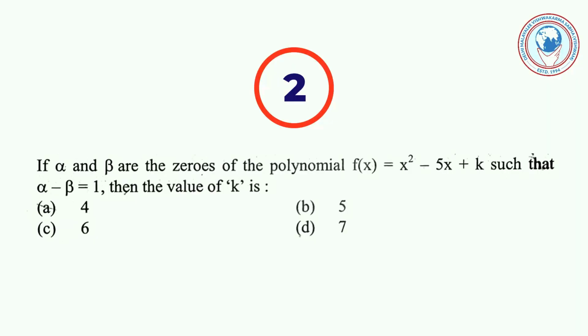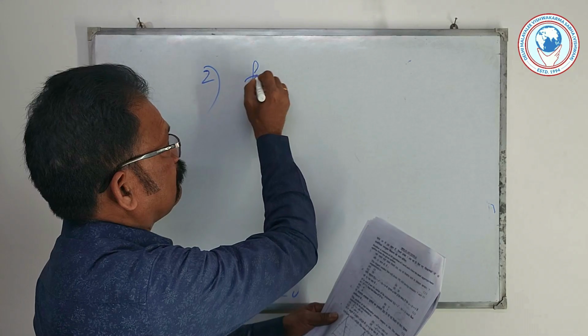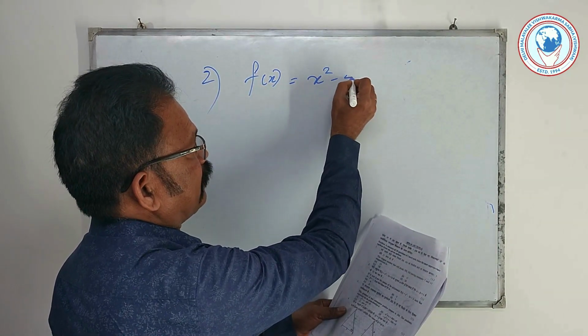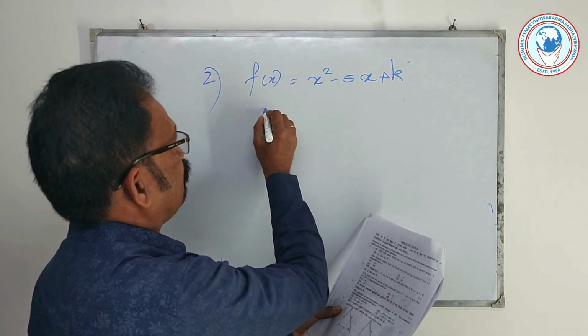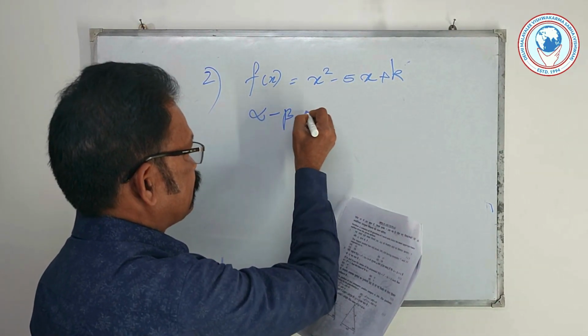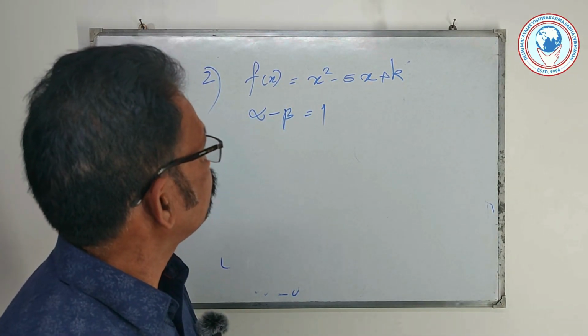Question number 2. If alpha and beta are the zeros of the polynomial f(x) equal to x square minus 5x plus k, such that alpha minus beta is equal to 1, then the value of k is... So find the value of k.